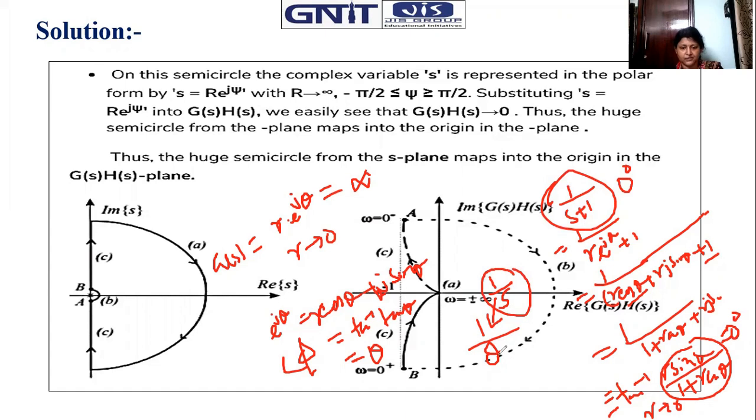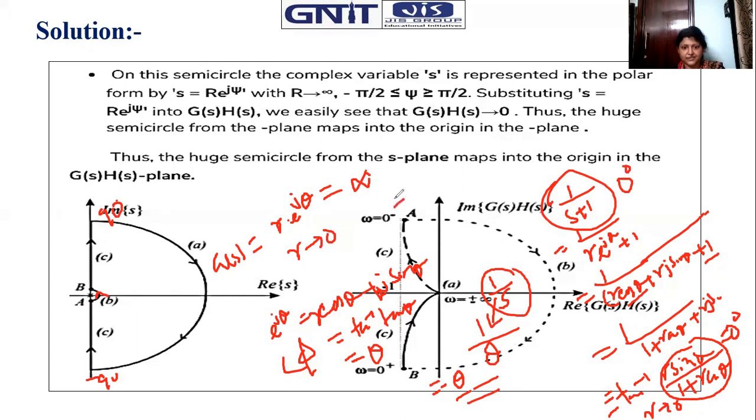The phase will be basically tan inverse of tan theta, so it will become theta. As it is in the denominator, the 1 by s part is contributing minus theta, right?